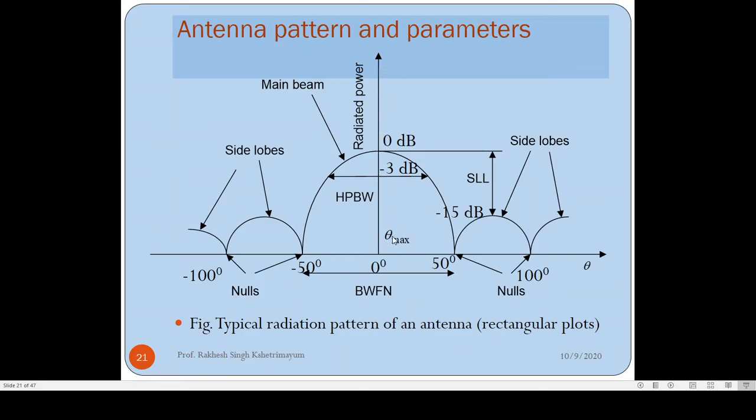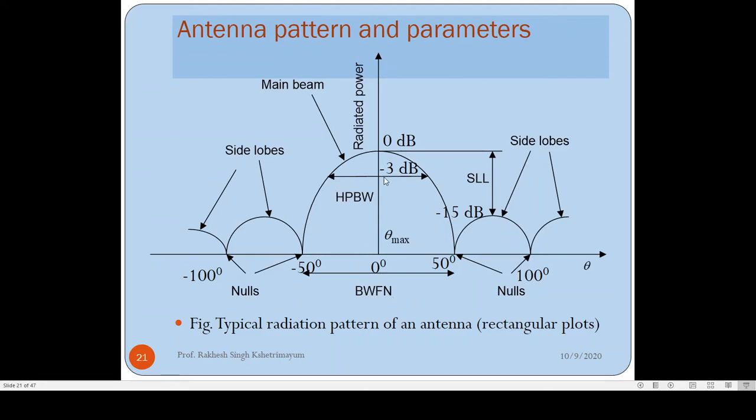Here you have maximum radiation along this direction. This is called theta max, and you can see that the pattern reaches 0 at this point, this point, this point, and this point. These are called the nulls of the antenna radiation pattern, and the first two nulls are these. The angle between these two first nulls is called the beam width between first nulls, BWFN.